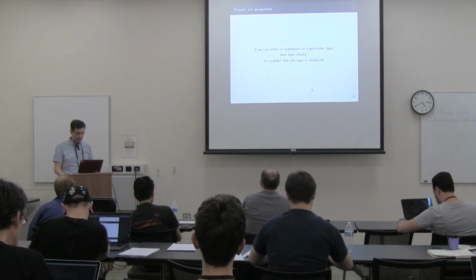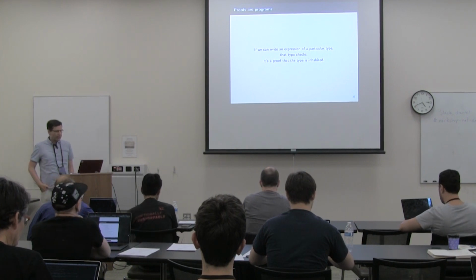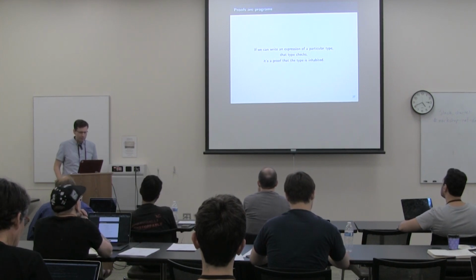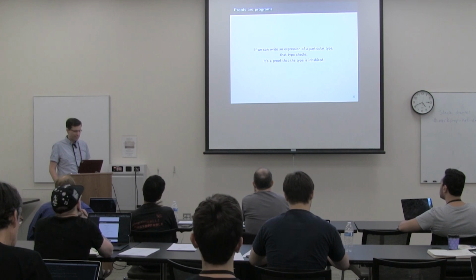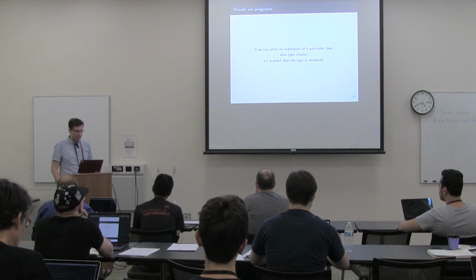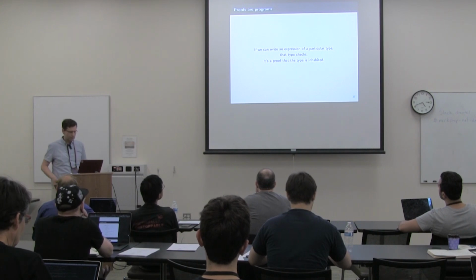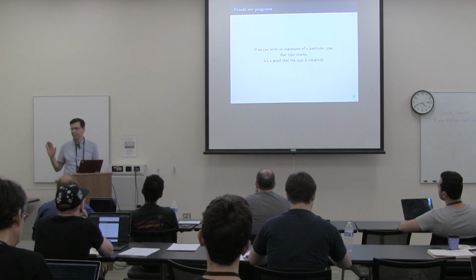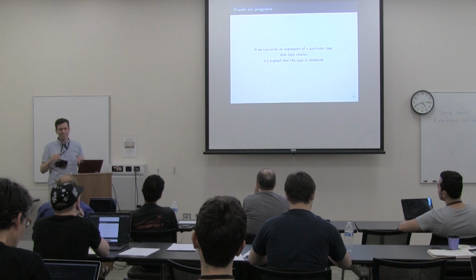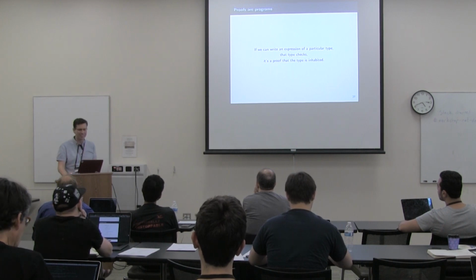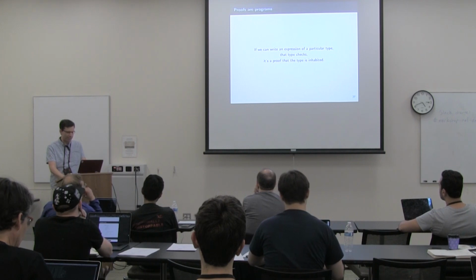And then if we can write an expression of a particular type and it type checks, then that's a proof that the type is inhabited. Now again, in Haskell this is except for bottom values, so we have to pretend that exceptions and non-terminating computations don't exist.